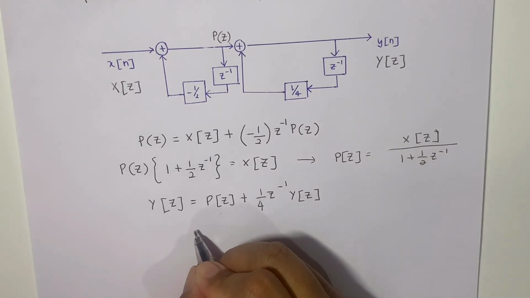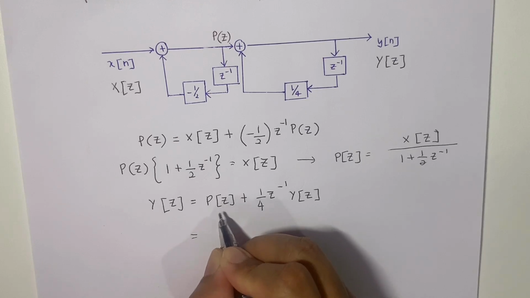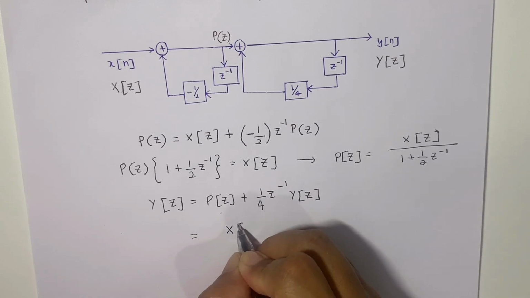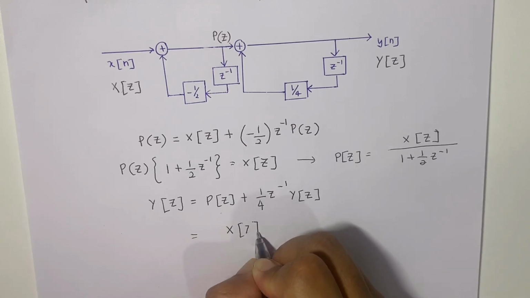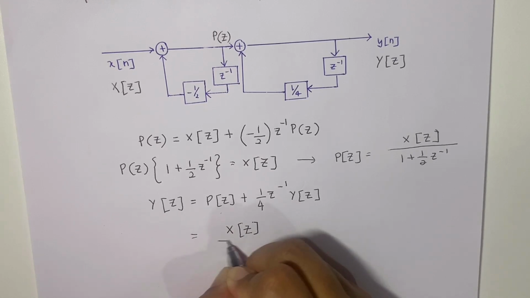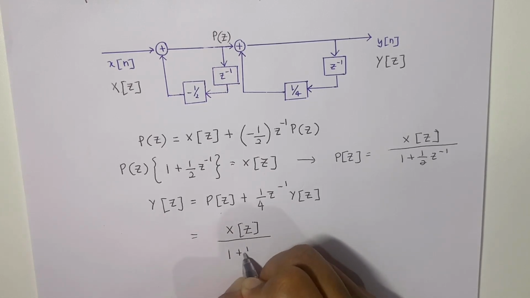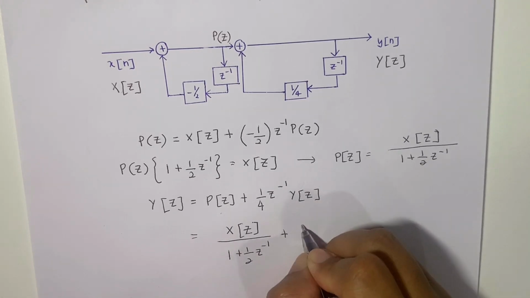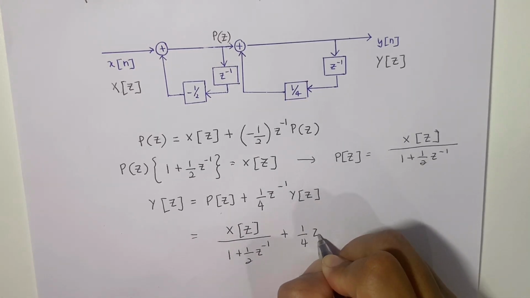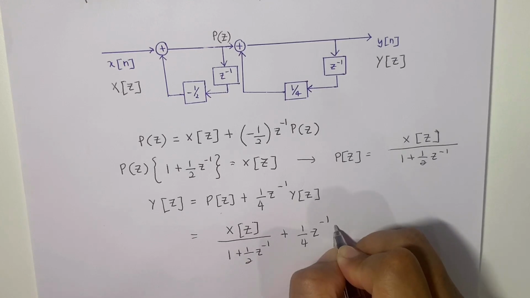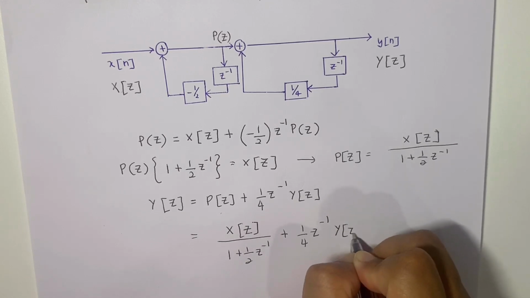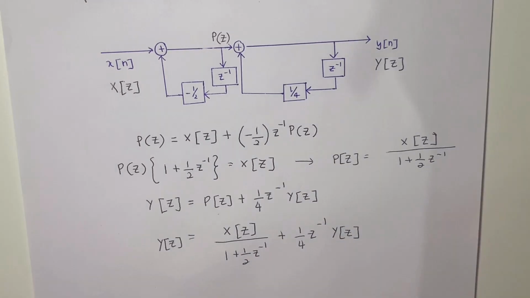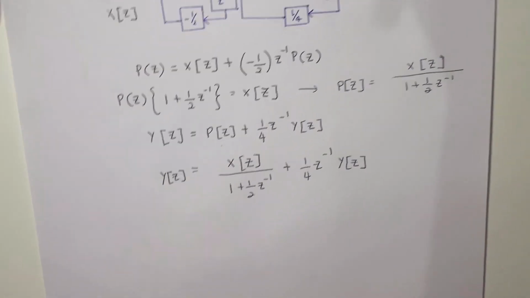So we substitute in this Pz here, X(z) over 1 plus 1 over 2 z to the power of negative 1, plus 1 over 4 z to the power of negative 1 Y(z). Now we have this equation.